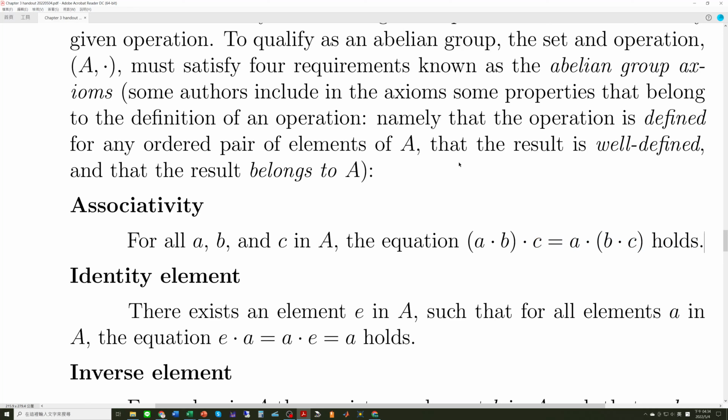That is, if you want to compute a dot b dot c, you can compute a dot b first, then dot with c, or you can compute b dot c first, then compute a dot (b dot c). The results of both sides of the equation are equal to each other.